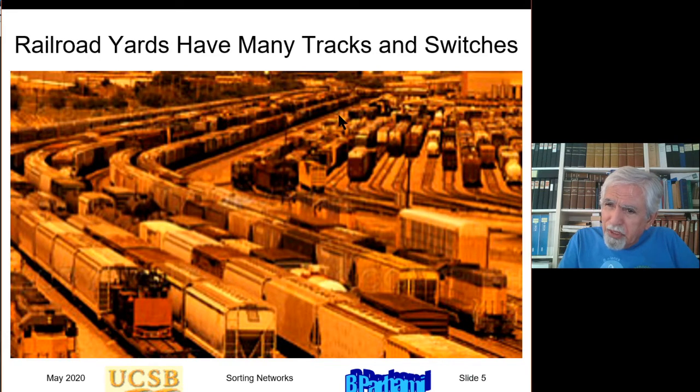So that's why you need so many different sidings, because each train can occupy it for days at a time. And of course, there's a main track someplace where all of these sidings are connected to that main track.